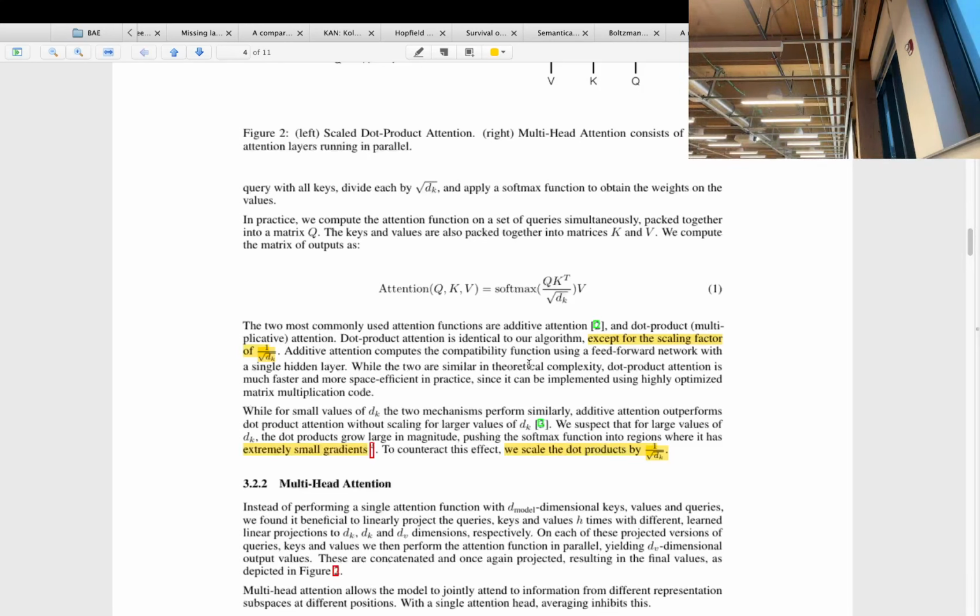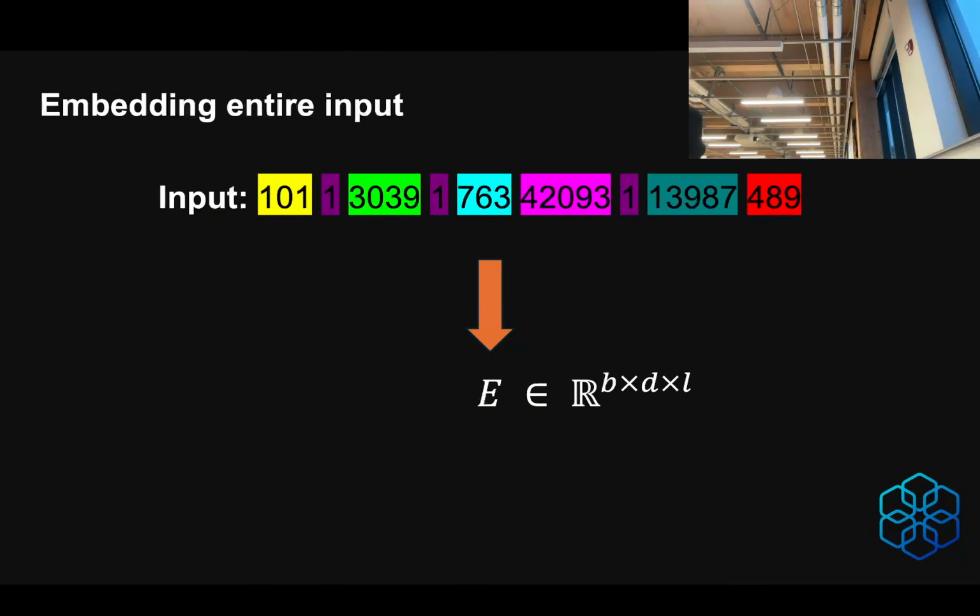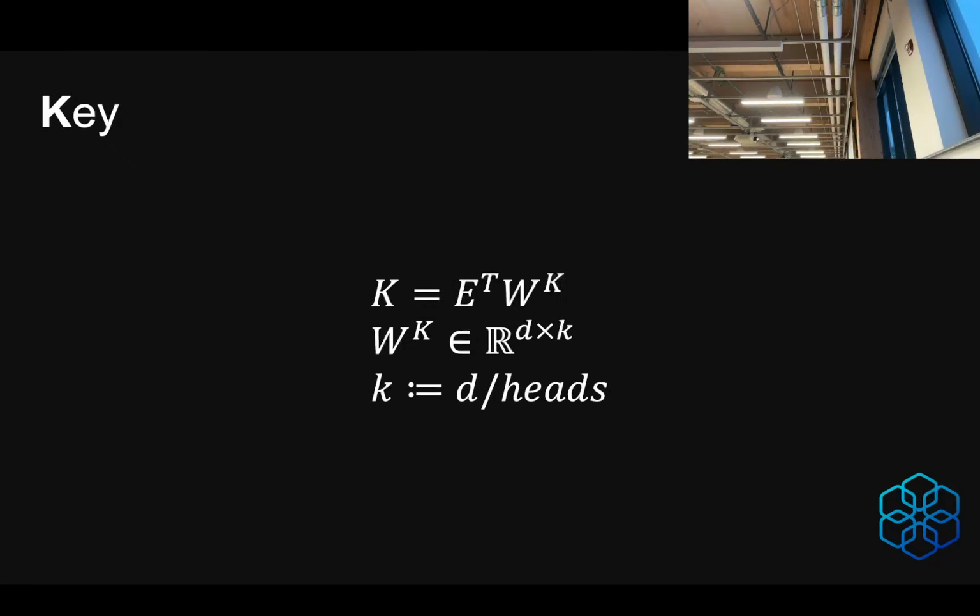This paper does require some prior knowledge, but it's rather simple once you simplify it all. So let's begin with the key. The key is created by taking some embedding and transposing it. The reason I transposed it is because I'm using our notation and I don't want to change things around.